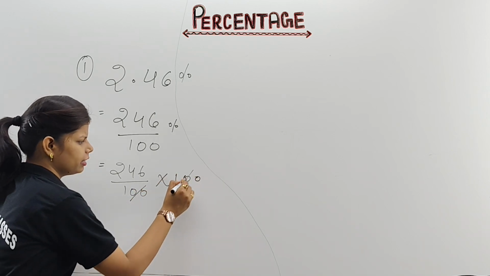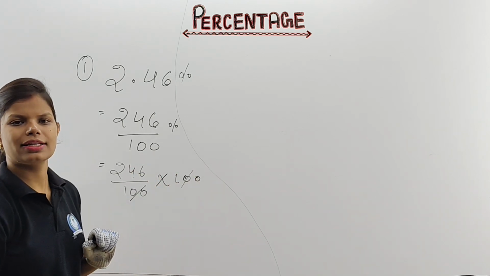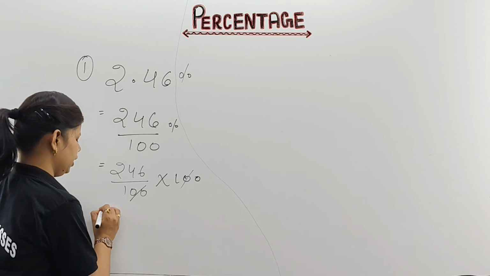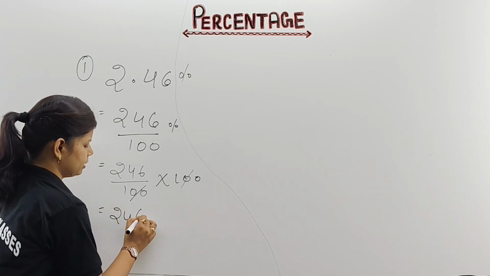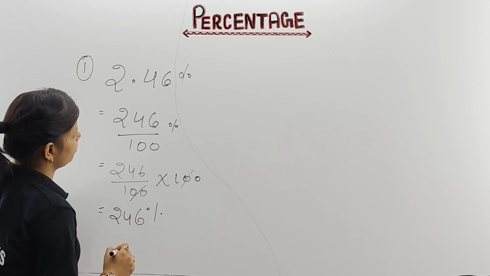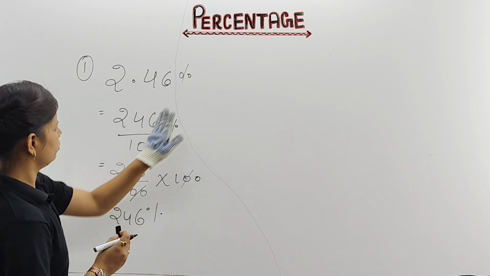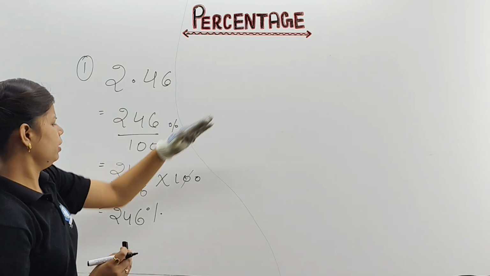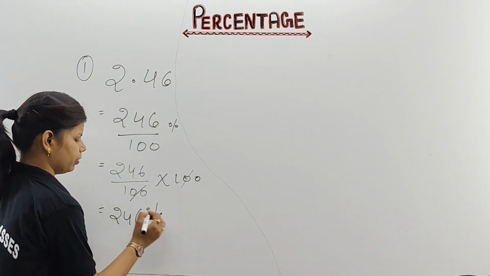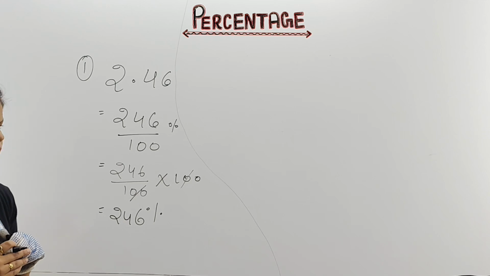Yeah, these 100 and this 100 are going to cancel with each other, and here we are going to get 246%. Or you can say, we can get 246% from here. Clear?